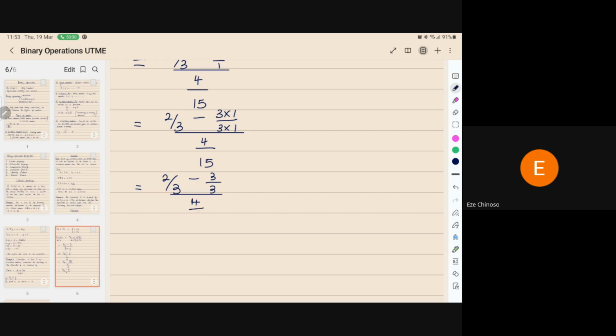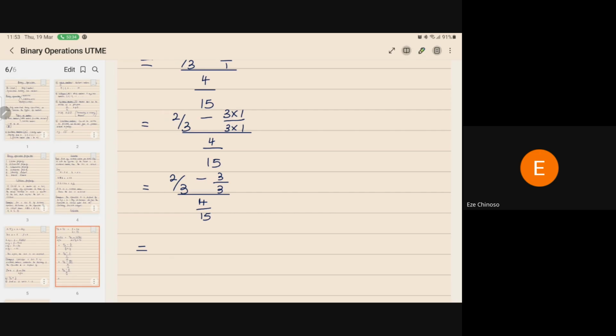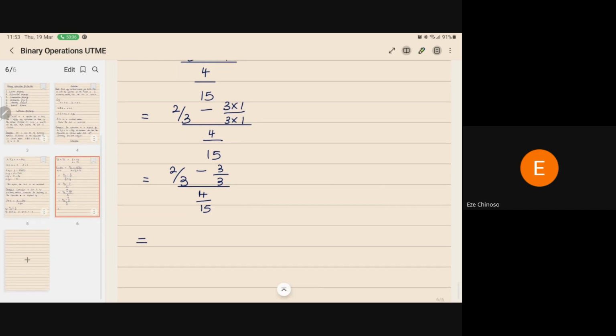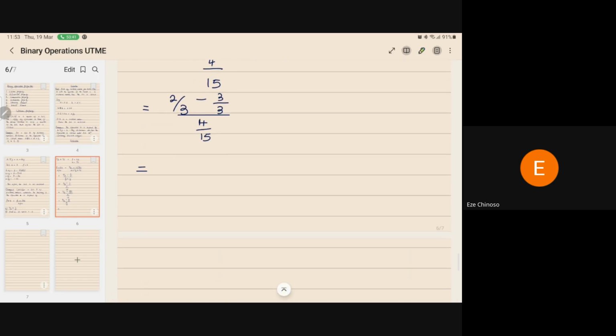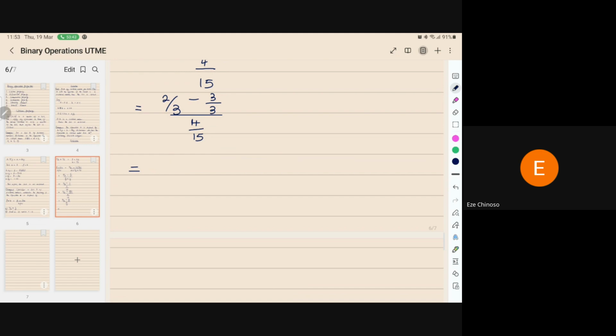Now, simplifying this further, I'm going to have -1/3, then divided by 4/15. So this entails -1/3 times 15 all over 4.